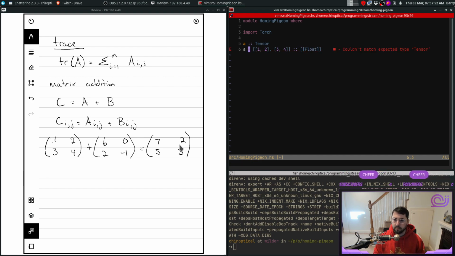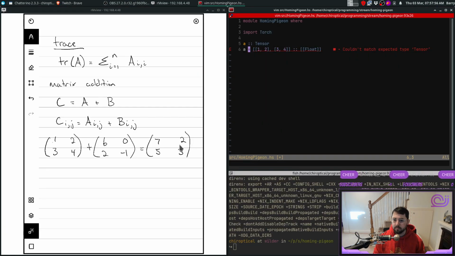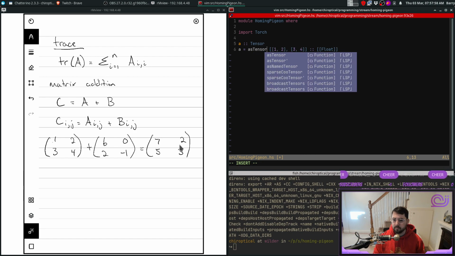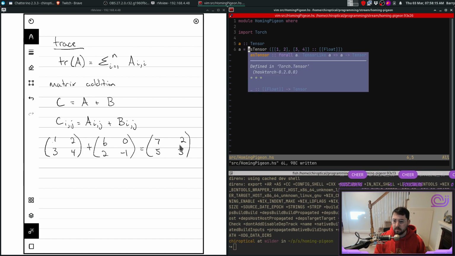And then we say as tensor. Okay, can't put a $ sign there. That's fine. And then I guess this is okay. I don't know what this does. It seems to me it takes some tensor-like.